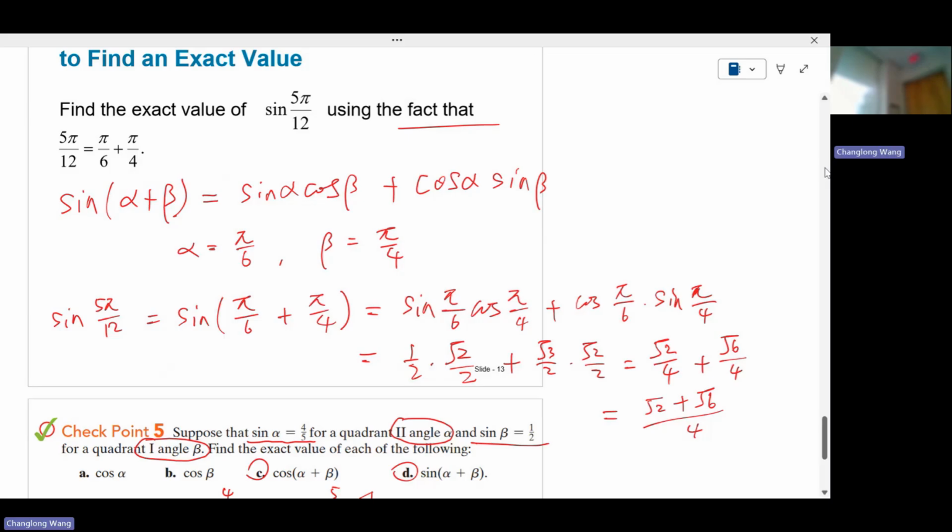Instead of putting radical 2/2, I put 1/2, so everything later is wrong. If that happens, I'm going to go back and see what I can give you points for. You have the right formula, a point. You have the right identification of those angles, a point. You have the substitution of the angle correct, 3 points. If you get some algebra wrong, a point off, and of course the wrong answer, 2 points off. So you get 3.